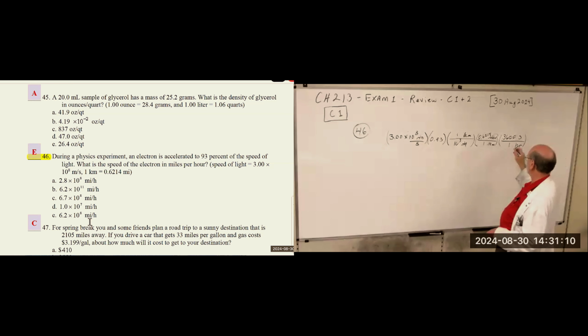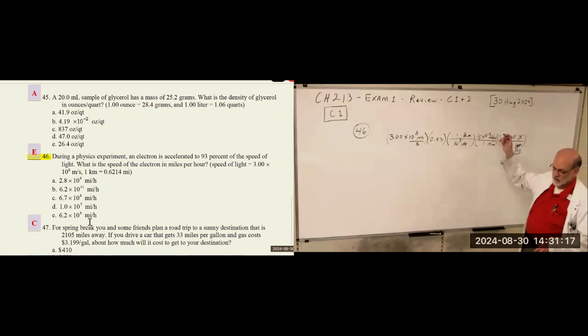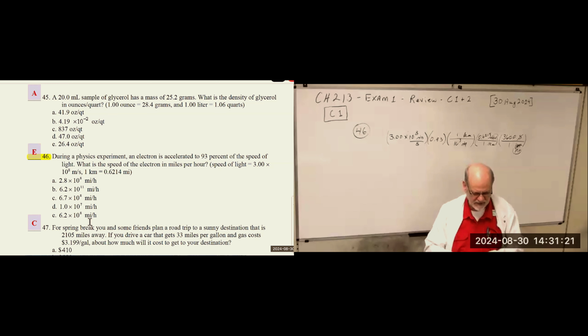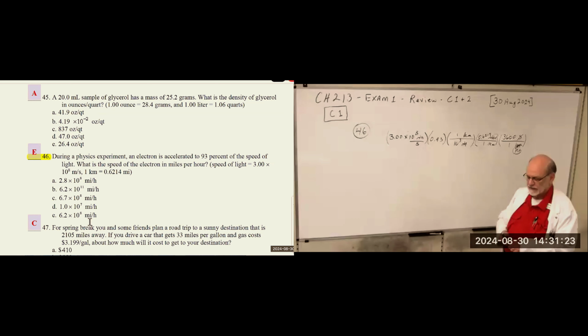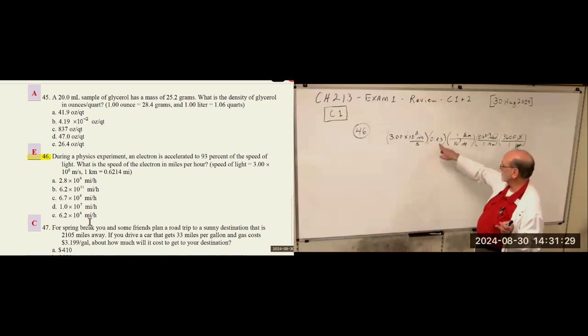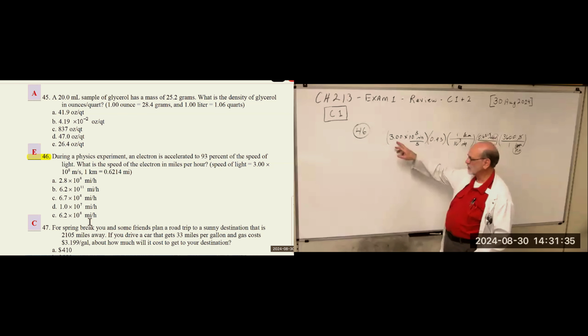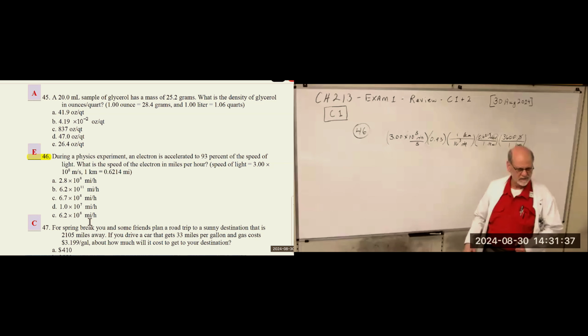So that gets rid of seconds and leaves us with miles per hour. If we multiply all that out, we should get 6.2 times 10 to the 8th. Now, I'm thinking that the authors of this question say that we only have 2 significant figures because of that number right there. But I don't know. I guess it's arguable. We could keep 3.